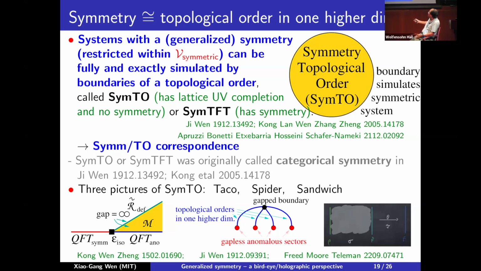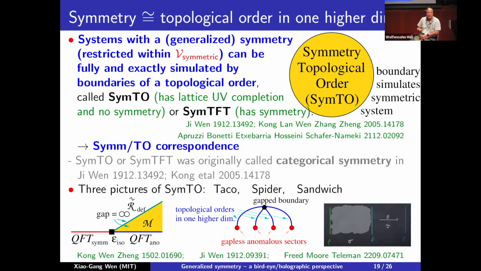In a SymTFT, there is an issue that sometimes the SymTFT may have an automorphism, a symmetry. Then there's the issue of whether the bulk has a symmetry or not. SymTO just emphasizes that even if there's an automorphism, the bulk has no symmetry.